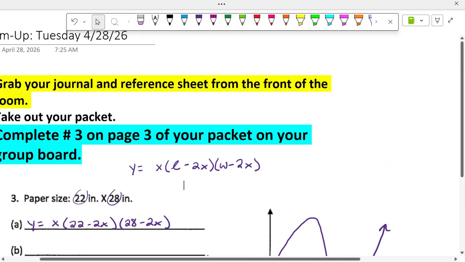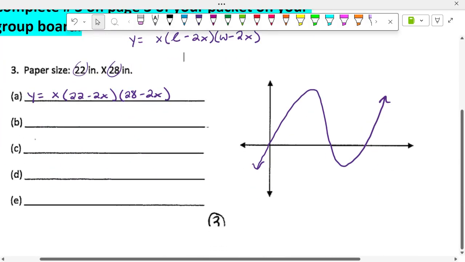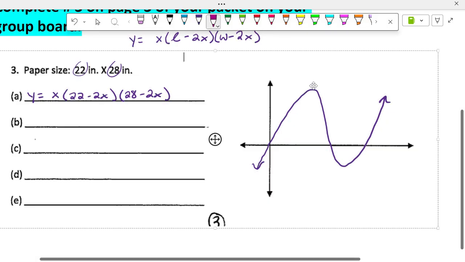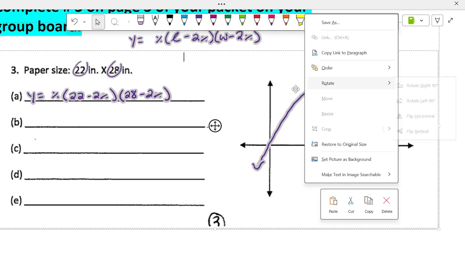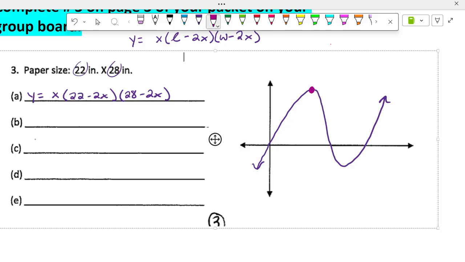So remember, when we talked about these squares the other day, when we made our open boxes in the activity, what part of this graph told us where the largest volume was and where the largest part of the square was? So what part of this graph told us where that max volume was? The very peak. So right here.